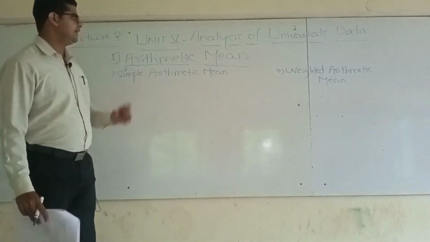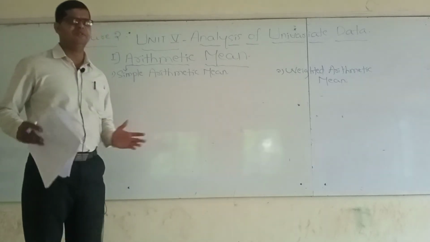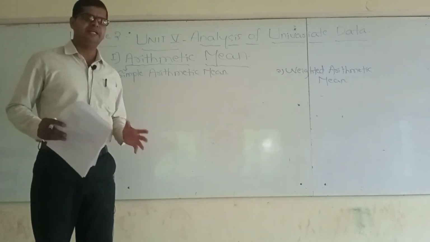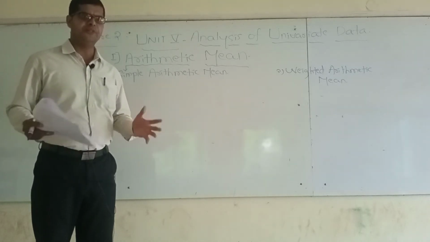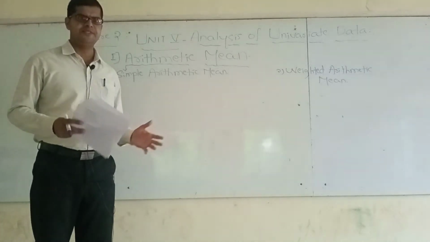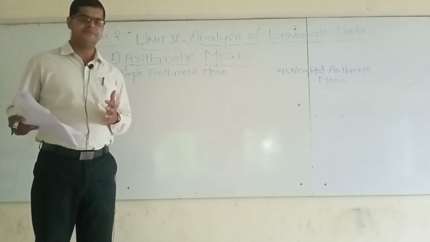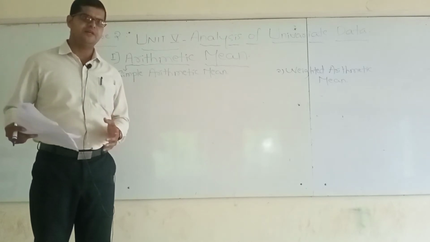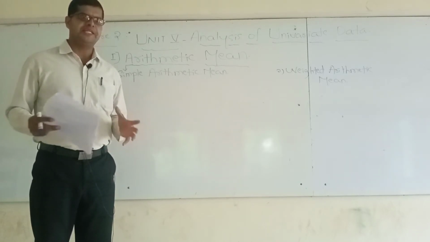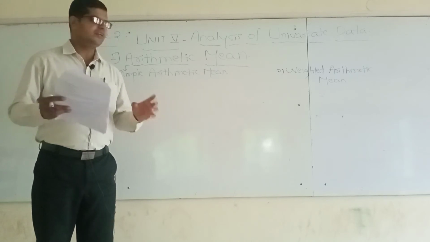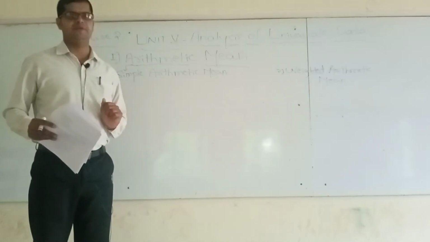But they are classified for calculation purposes depending upon the nature of data. We know that data are of different categories: grouped data, ungrouped data, discrete data, and continuous data. So when the nature of data changes, we think of applying a particular formula.